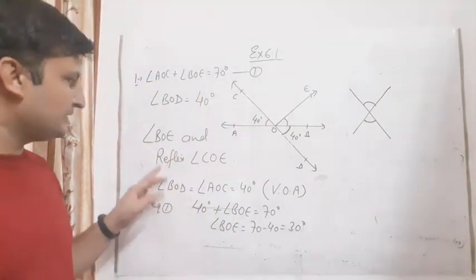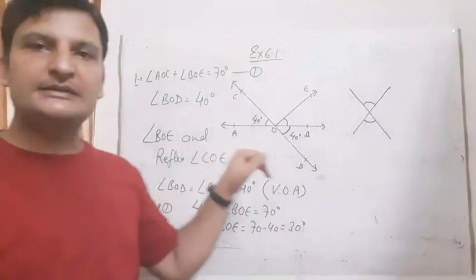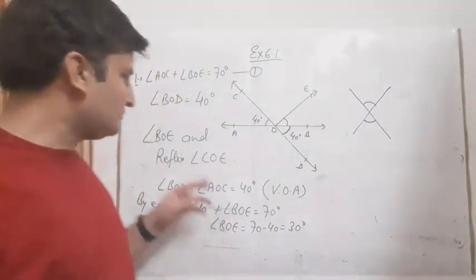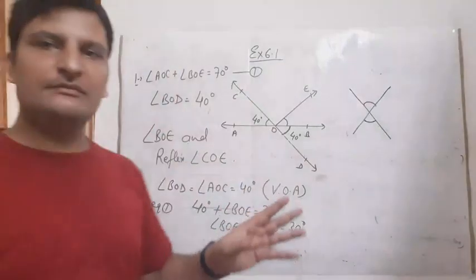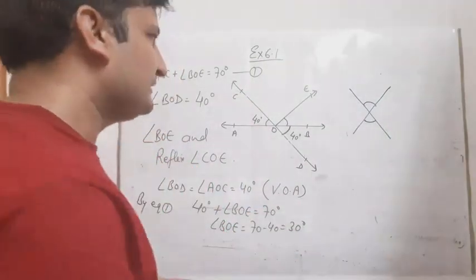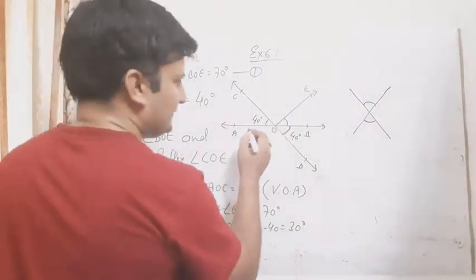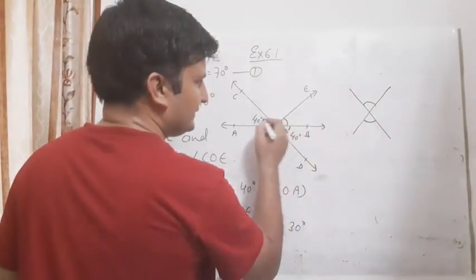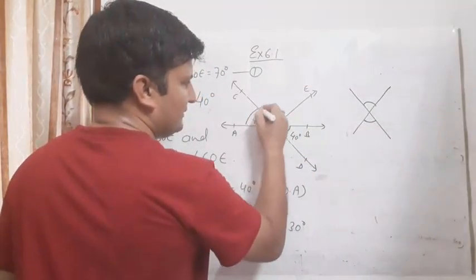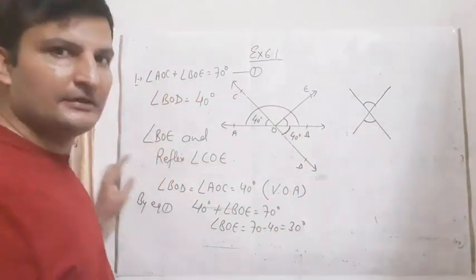Now another question is, we have to find reflex angle COE. To find reflex angle COE, first we have to find angle COE. What is angle COE here? We can say that AOB is a straight line. It means this angle will be 180 degree.